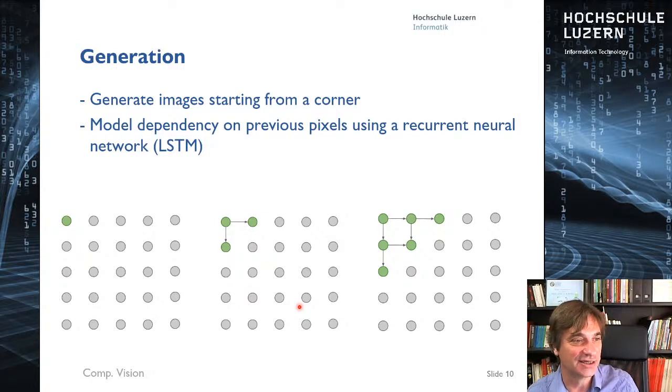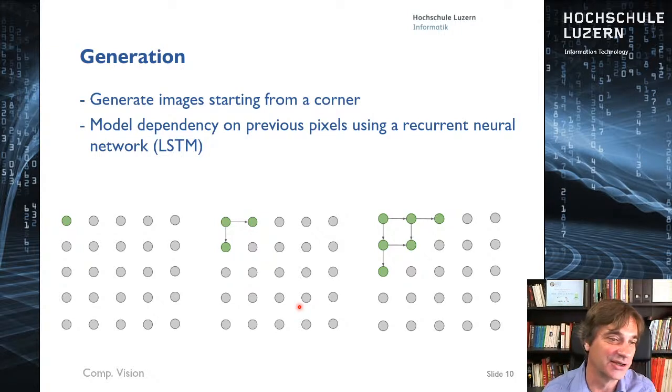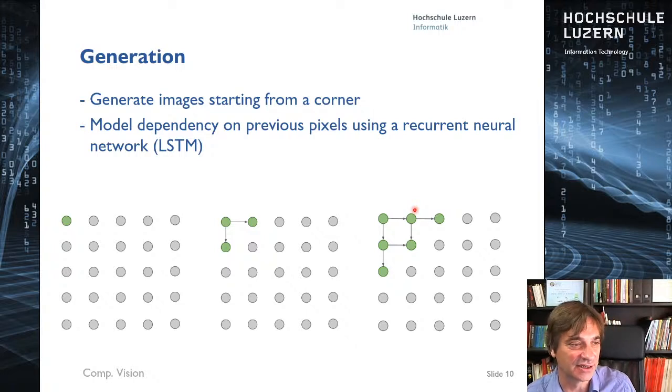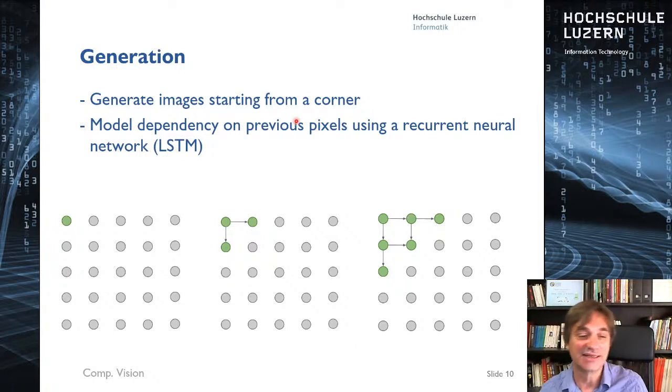So one idea is you can have a model using a so-called recurrent neural network, which you can build with different techniques. We didn't discuss it here. One building block is this long short-term memory approach to recurrent neural networks. It keeps a state and it gets some additional input at each stage. So what you do is you predict one pixel value, and then when you go to the next pixel value, you get the input from the neighbors that you have already calculated, and predict the pixel value for that, and so on and so on.